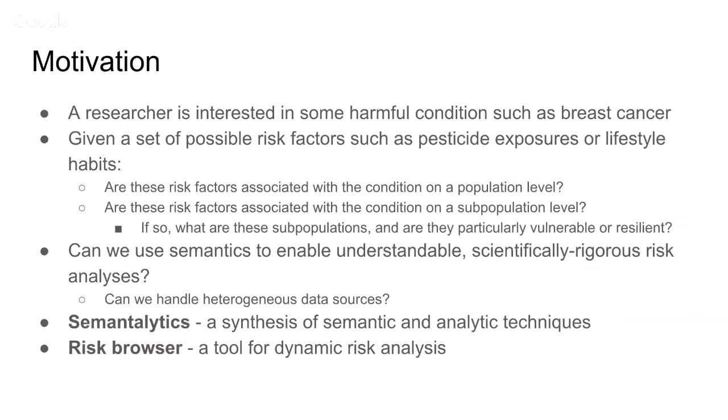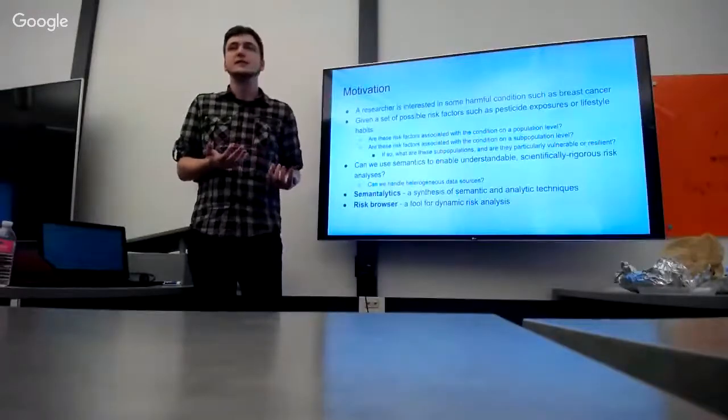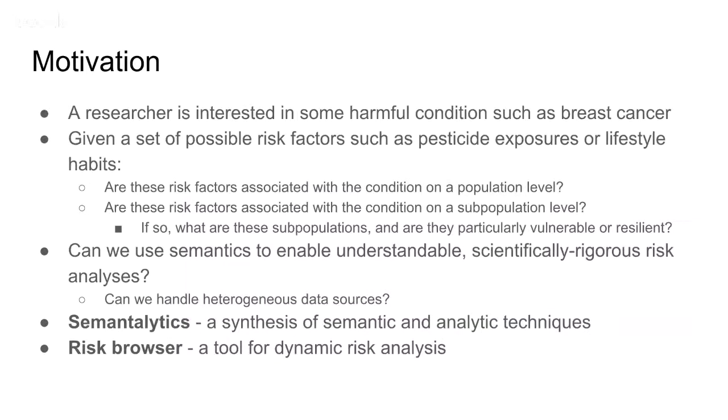What we also want to know is, can we use semantics to enable understandable and scientifically rigorous risk analyses? What we mean by semantics here is some sort of formal vocabulary that computers can interact with, in a very broad sense. And we're talking about having some sort of heterogeneous data.